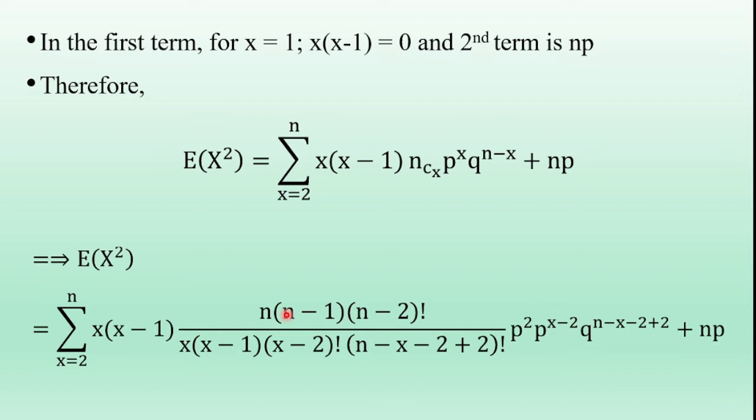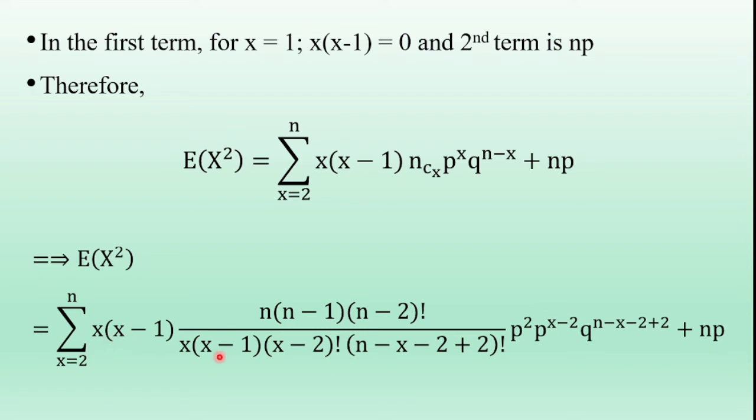After that, expanding n factorial as n into n minus 1 into n minus 2 factorial, expanding x factorial as x into x minus 1 into x minus 2 factorial, and in the n minus x term, by adding and subtracting 2, we have n minus x minus 2 plus 2 factorial. And p power x is written as p square into p power x minus 2. In q power, by adding and subtracting 2, we have q power n minus x minus 2 plus 2, plus the second term np.